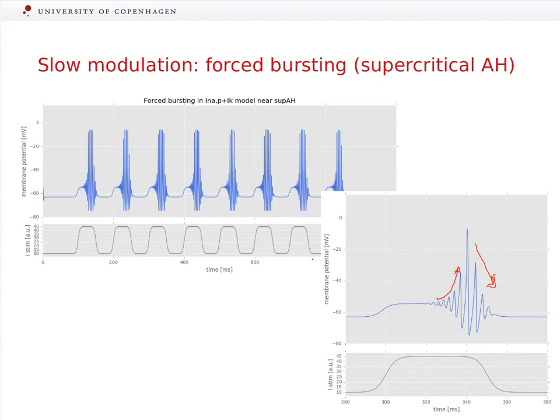Now, this latency to the first spike is explained by the low real parts of the eigenvalues. So the dynamics is slow.